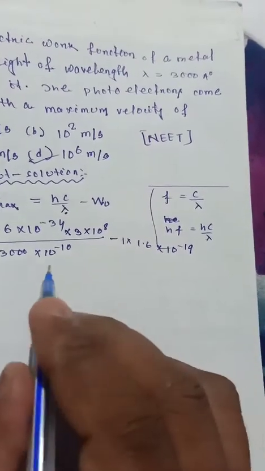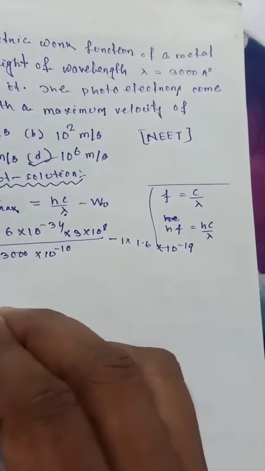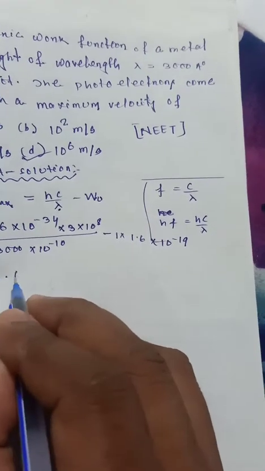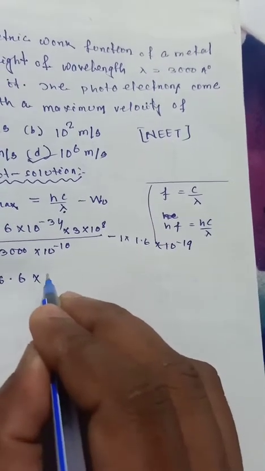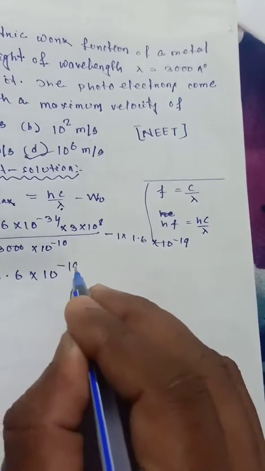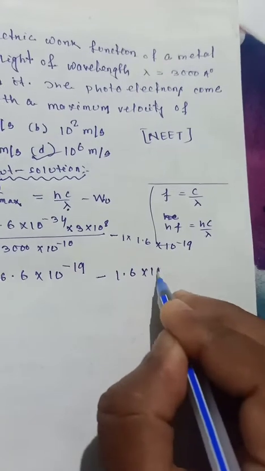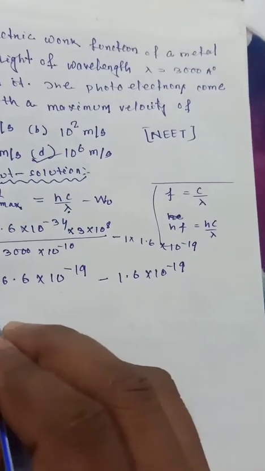So this much is equal to 6.6 into 10 to the power minus 19 minus 1.6 into 10 to the power minus 19.